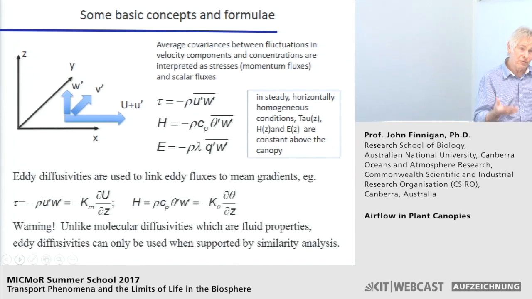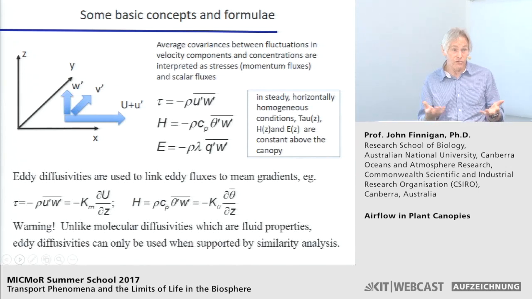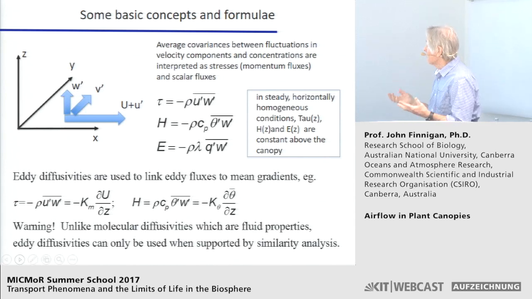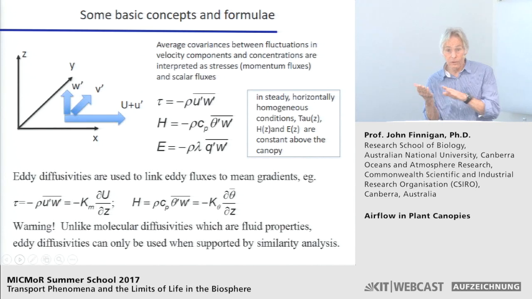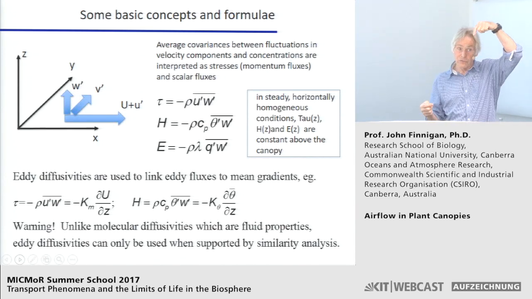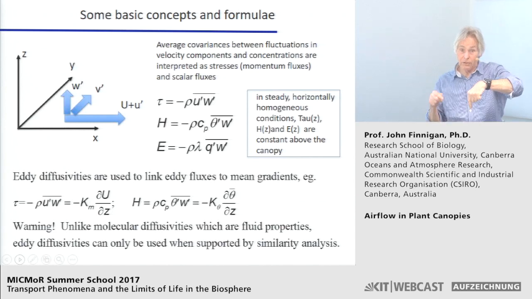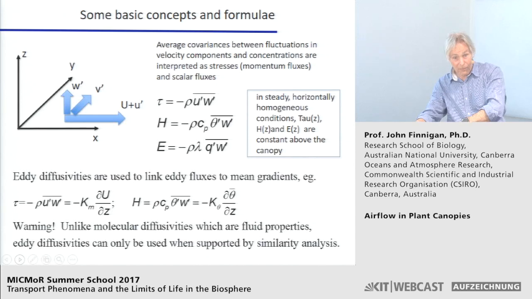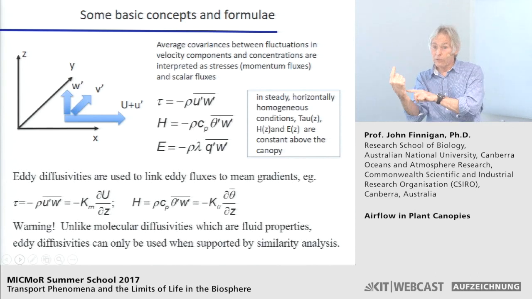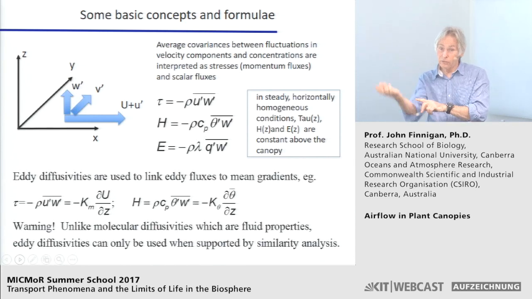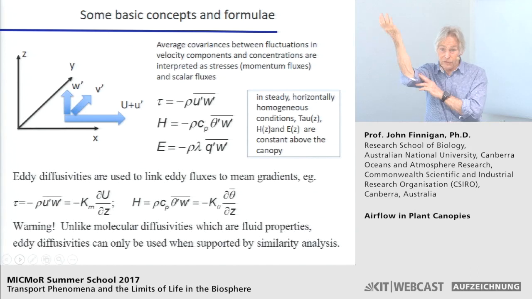Average covariances between fluctuations in concentration or in wind speed can be interpreted as stresses or scalar fluxes. So for momentum flux, or shearing stress, if on average every time the wind is fluctuating down the wind speed is a bit higher, then you'll get a transfer of momentum towards the ground. If on average every time the wind speed is up, the air is a little bit warmer, then you'll tend to get a transfer of heat upwards.